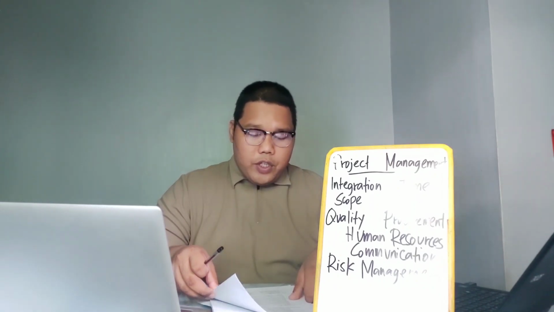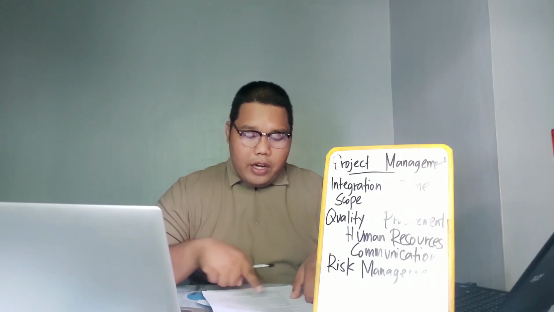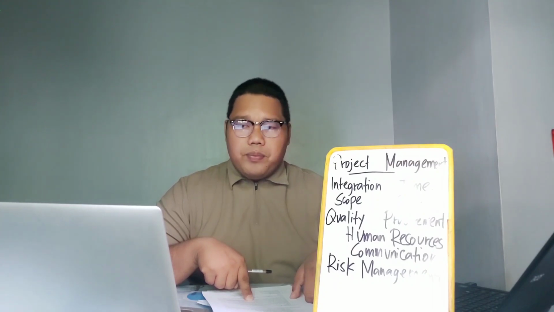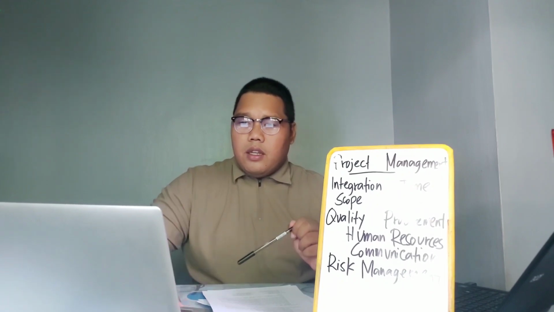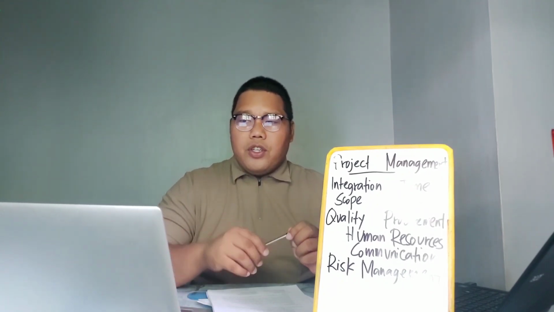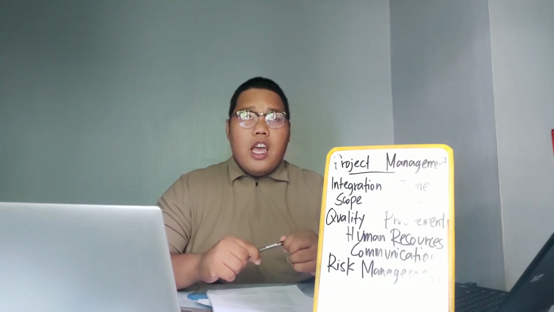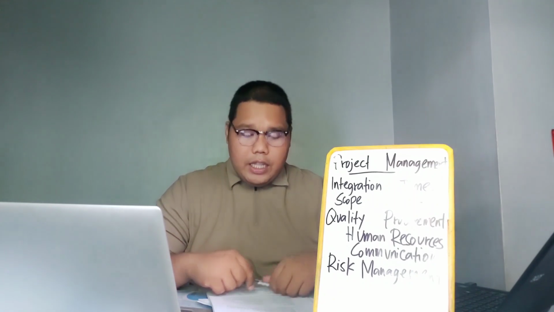Under human resource management, a manager needs to take care of his team, encourage and motivate them, and make sure that the team moves in the right direction. In communication management, the manager needs to prepare a communication plan and make sure that there is healthy communication both horizontally and vertically.